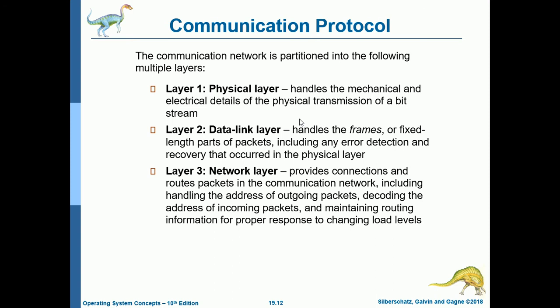Layer 2 is the data link layer, which handles the frames or fixed-length parts of packets, including any error detection and recovery that occurred in the physical layer. Layer 3 is the network layer, which provides connections and routes packets in the communication network, including handling the address of outgoing packets, decoding the address of incoming packets, and maintaining routing information for proper response to changing load levels.